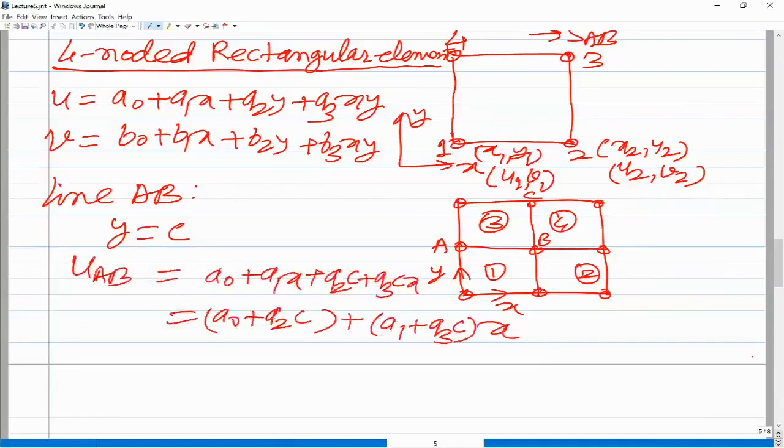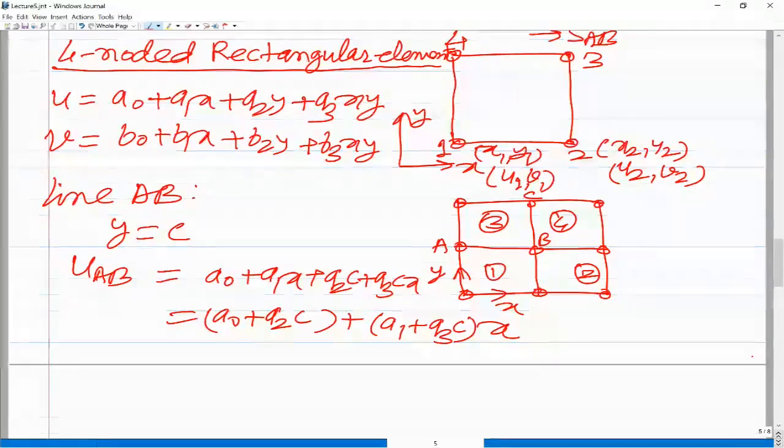So you can again see that the variation of u, and similarly v, would be linear in x, and at A and B already the values of u and v are common between element 1 and 3. So both element 1 and 3 at A have same values of u and v. Because u and v are the nodal degrees of freedom, during the assembly we take same u and v whether the node A is belonging to element 1 or element 3.